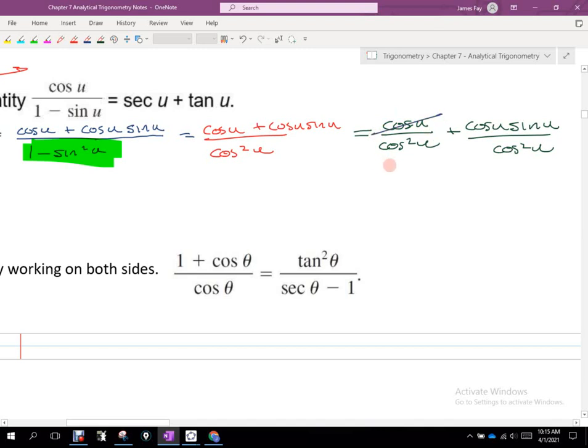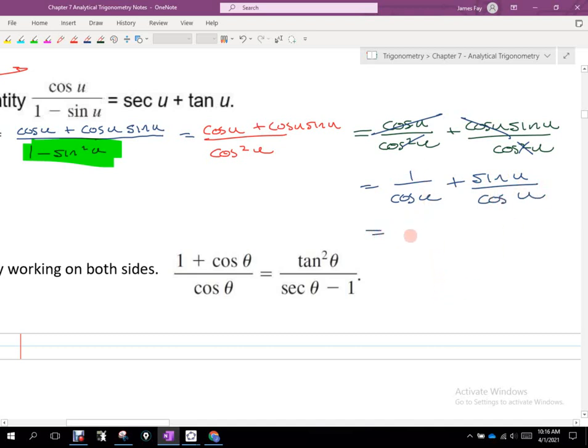And that's why I like to break them apart. That can cancel, and you're left with 1 over, because there's 2 cosines being multiplied together down here, right? So only one cancels, so I have 1 over cosine u. And then the same thing can happen over here. That cosine u can cancel with one of these, and it leaves me then plus sine u over cosine u.